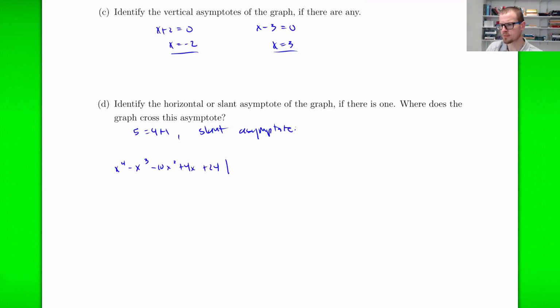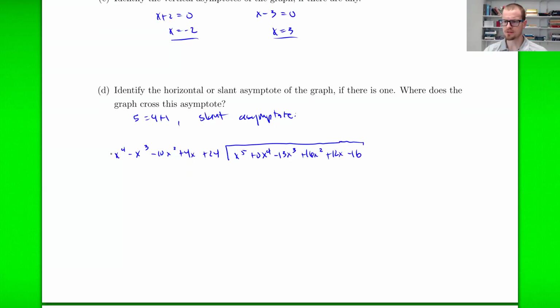And the thing we are dividing is x to the fifth, plus 0x to the fourth, minus 13x cubed, plus 16x squared, plus 12x, minus 16. Excellent. So this is our divisor, and this is what we are dividing.